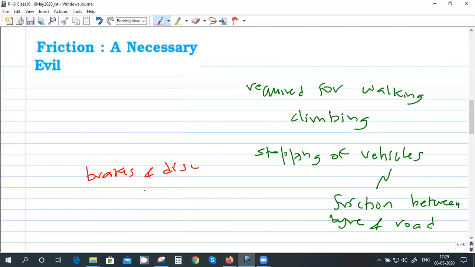This will reduce the rotational speed. Rotational speed is denoted by the symbol omega. You know that? No, sir. So the disc is rotating and the wheel, the tire, is rotating. That tire rotation speed has to come down, right? That happens when you apply the brake.